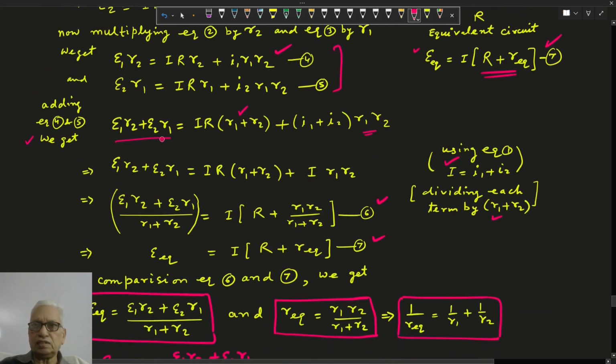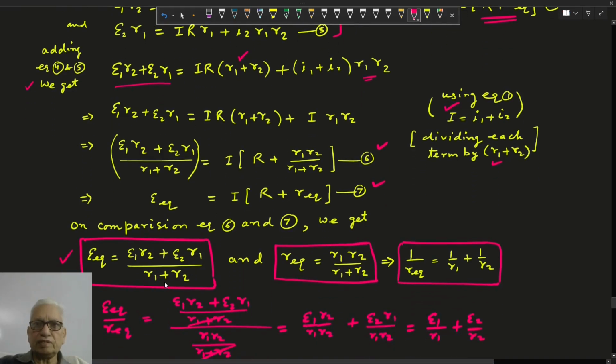IR कैंसिल हो गया, कंपेयर करके R equivalent will be this and E equivalent will be this. So E equivalent will be E1 R2 plus E2 R1 upon R1 plus R2, and R equivalent will be R1 R2 upon R1 plus R2, or 1 upon R effective is equal to 1 upon R1 plus 1 upon R2. So these are the effective or equivalent EMF and equivalent resistance.